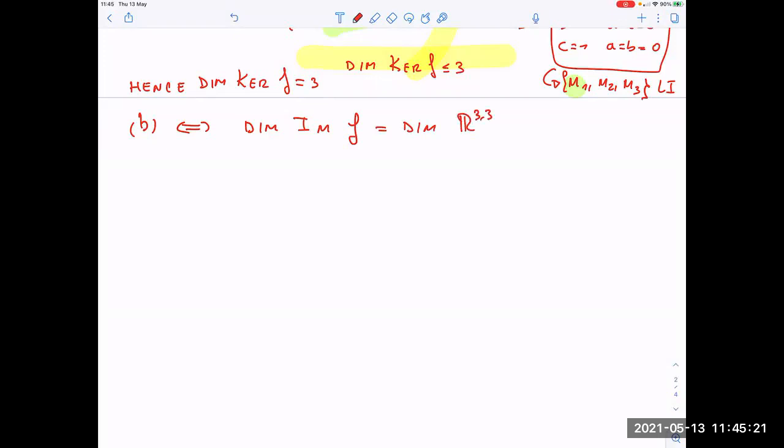So what is the dimension of R^{3x3}? Can you tell me? Yes, it is 9. And Albicina has a nice idea. It says the map does not cover matrices that are not symmetric, so it will not cover all of R^{3x3}. That's a very nice remark.